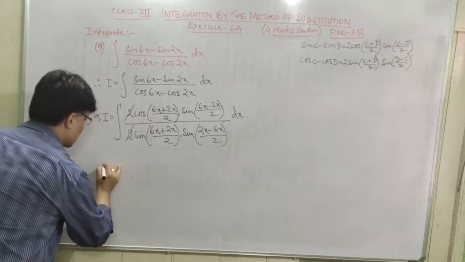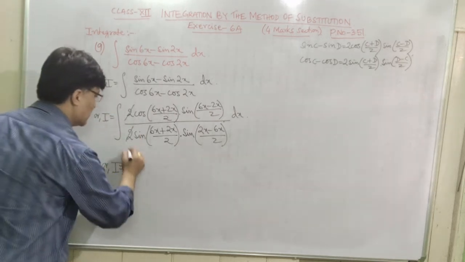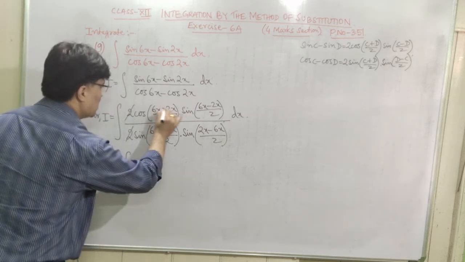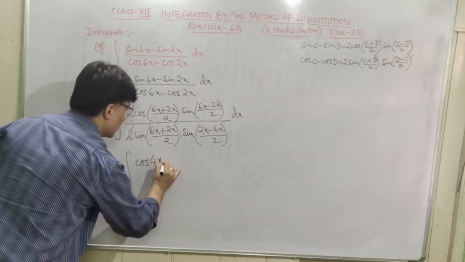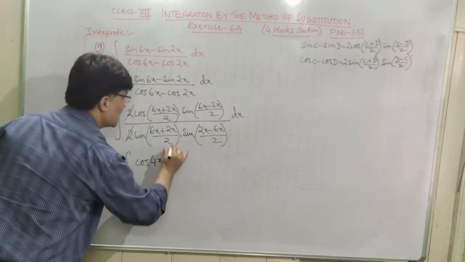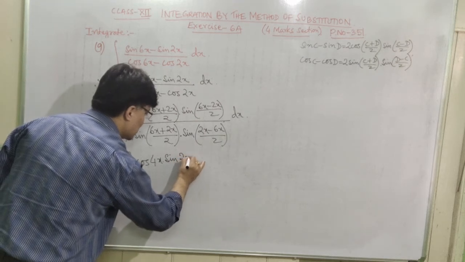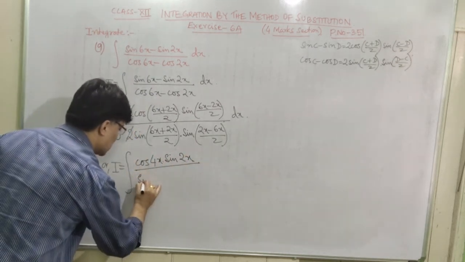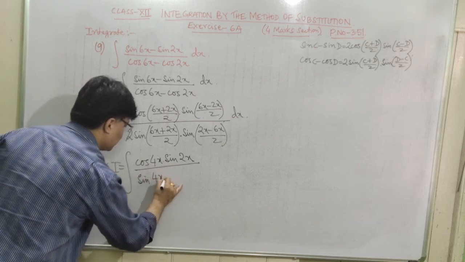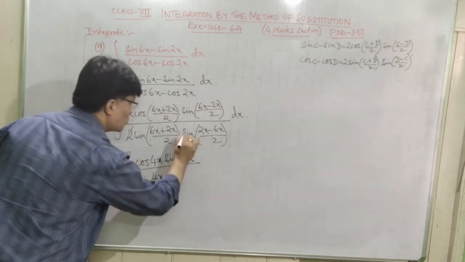Here 2 gets cancelled. I is equal to the integration of cos of, what is 6x plus 2x? 8x divided by 2 is 4x. Sin of 6x minus 2x, 4x divided by 2 is 2x, whole divided by sin 4x into sin of, what is 2x minus 6x?